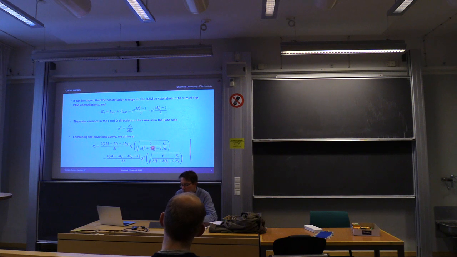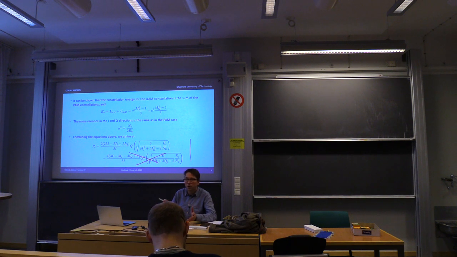So this is decreasing in Es over N0. So if the Q function here is small, what can we say about the Q function squared then? It's the same argument as you see. So if this one is small, what is Q squared then? Very small. Exactly. So for high signal to noise ratio, we can forget about that term and then just look at this term, which is much simpler, and then directly compare that with the PAM system, if you like.